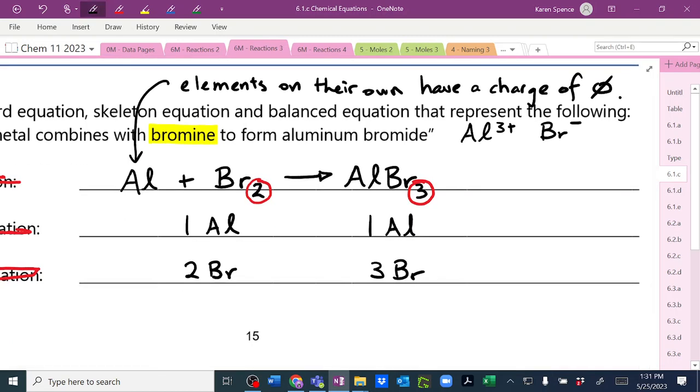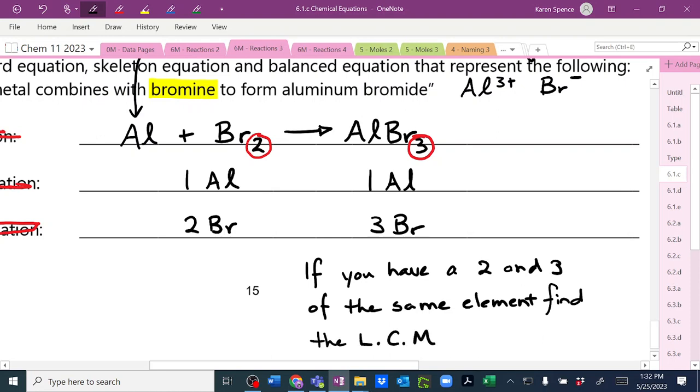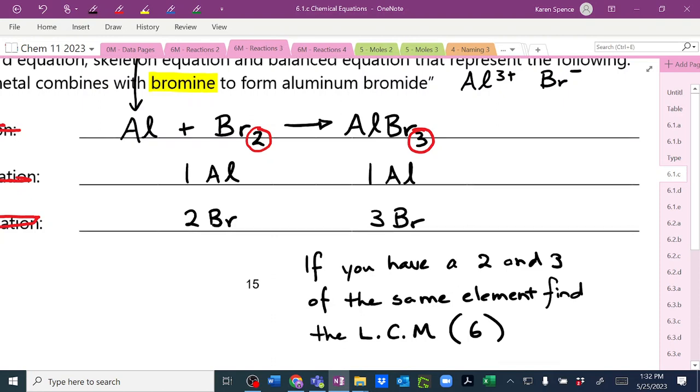If you have a 2 and a 3 of the same element, find the lowest common multiple, which is 6. So instead of having 2 bromine and 3 bromine, we're going to make sure that we have 6 bromine. When you have a 2 and a 3, that's the only way to balance them, is to have 6 of each.